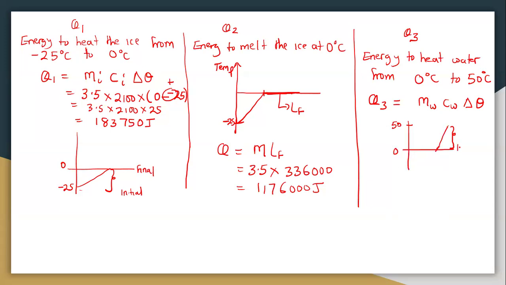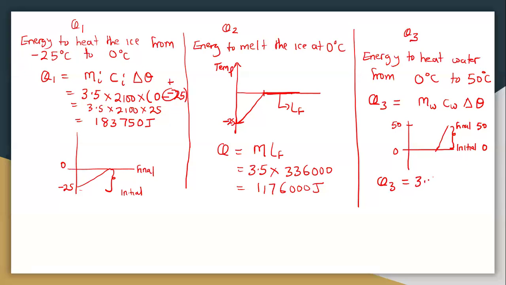So that means that our initial temperature at this point is 0 and our final temperature here is equal to 50. So in order for us to get the temperature change, we shall always have the final minus the initial temperature. So our Q3 will equal the mass of the water. The mass of the water is equal to the mass of the ice that has melted.